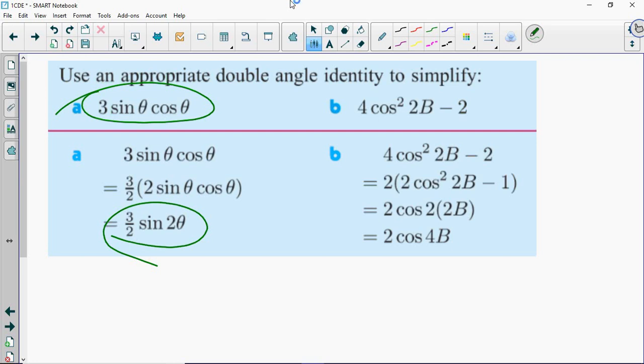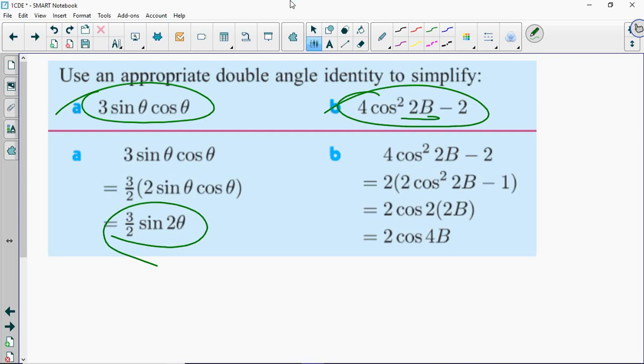And so that would be what they're looking for. And this other one, they'd say rewrite this in terms of 4b. That's kind of giving you a clue in terms of what you have to do. It's like, I need to get that angle to be doubled somehow. How can I do that? Start experimenting with your identities and whatnot.